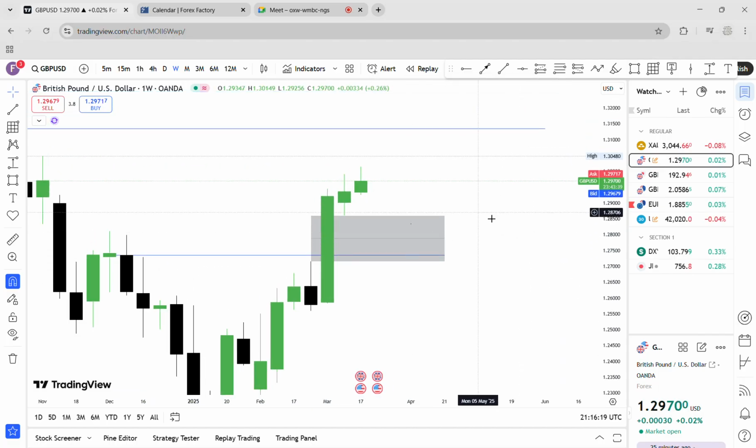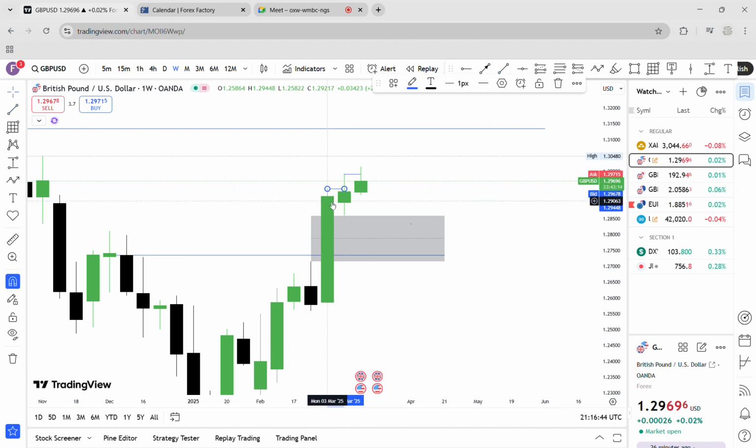So now we have this area, and this is the weekly, and this is this week. What we can see is that last week we balanced this area. This week is looking balanced, and from what I can see, probably tomorrow we're going to get a sell market, something like that. I'm not sure yet, but you can see this candlestick failed to close above this candle, and now this week we failed to trade above.